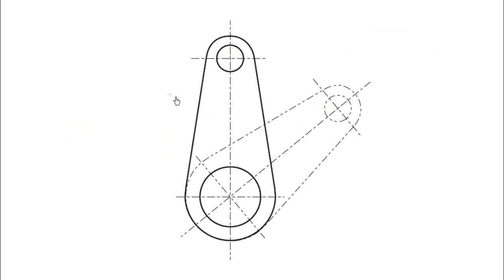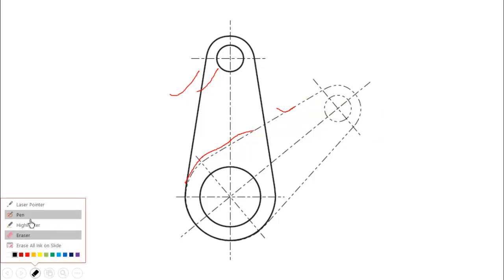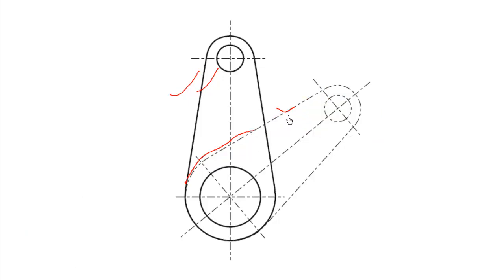Here you can see this piston. This is the moving part. So here one position is given and here the second position is given, and this position has been shown through a phantom line. Sorry, let me take the eraser. So this has been shown through a phantom line.